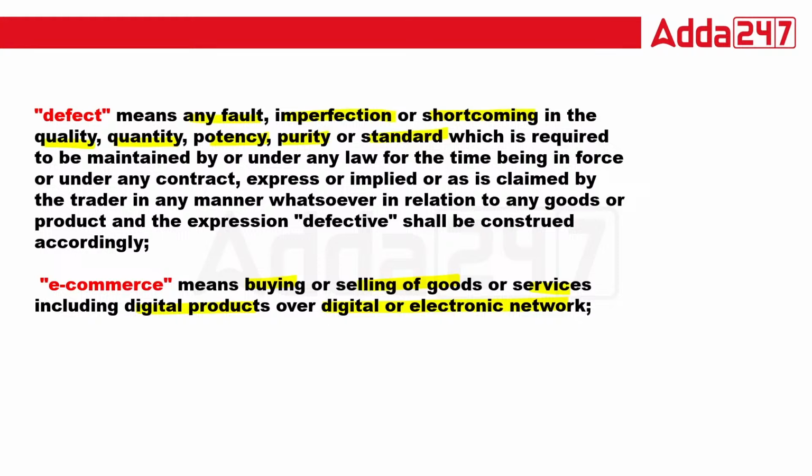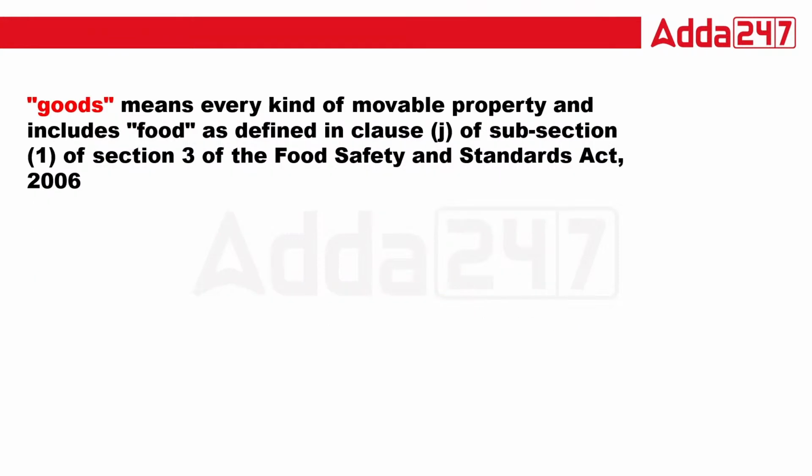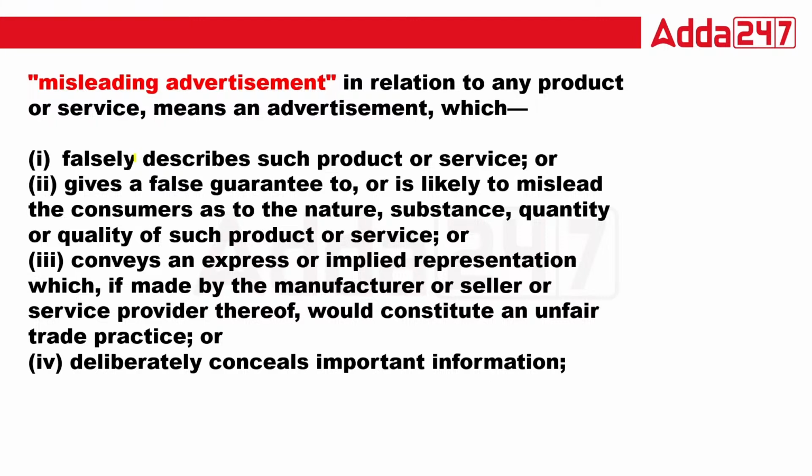Okay, now see class, the next one, goods. Goods means any movable property, and it includes food also. Okay, misleading advertisement. Suppose any shopkeeper, any manufacturer is showing a misleading advertisement.